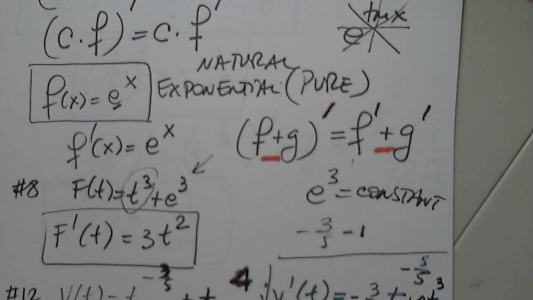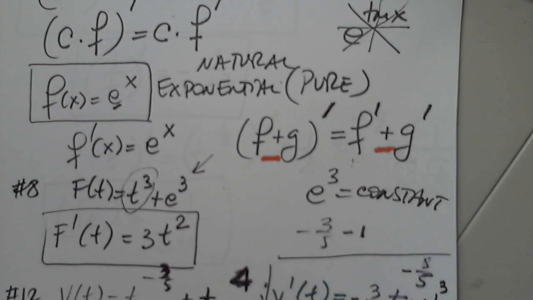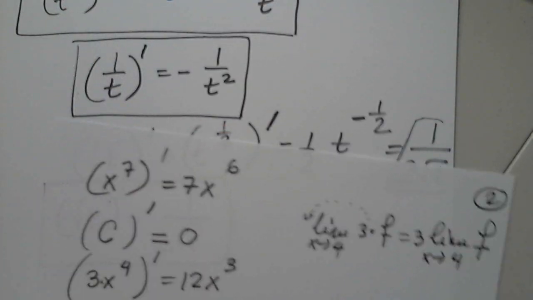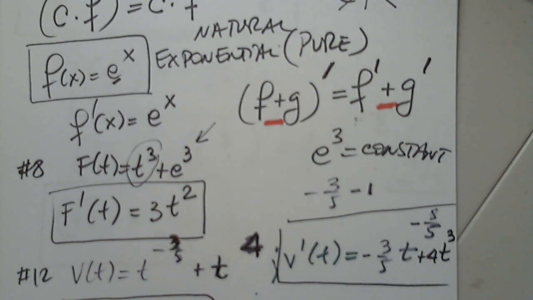No, I have to replace it first, in the same way we did 1 over t. In the same way I have to change 1 over t squared into t to which power? We cannot differentiate like this.